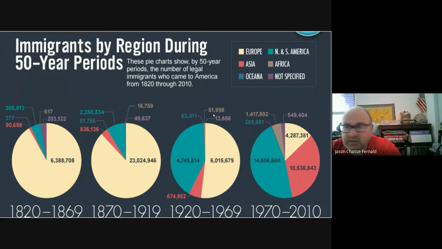All right, so generally we'll look at this and make some observations, right? Feel free to pause and try to make some observations. I'll generally ask a student in class, if you look at immigration into the United States from Europe, during these first three periods, the majority of immigrants who came into the United States were European. And then you see a very large drop in the total percentage of immigrants coming in from Europe.